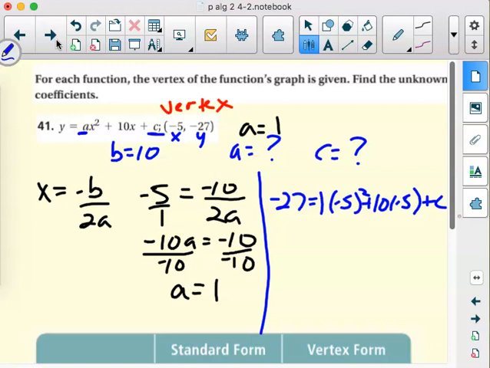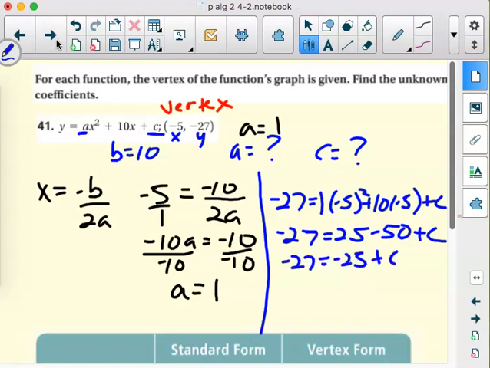Negative 5 times negative 5 is 25. 10 times negative 5 is negative 50. Now we need to add and subtract inside there. We could take 25 minus 50. That'll be negative 25. Last but not least, let's add 25 to both sides. Hey, we just found c.